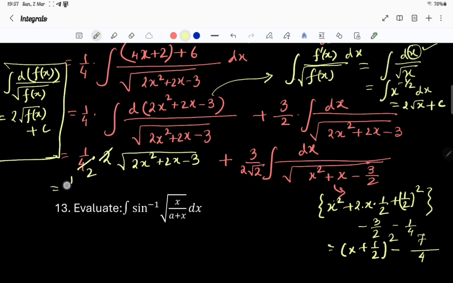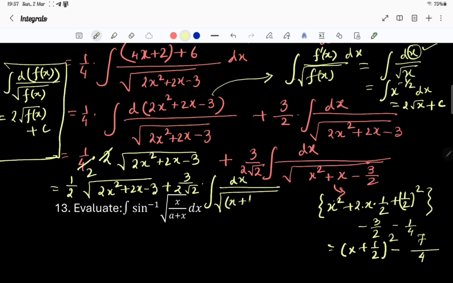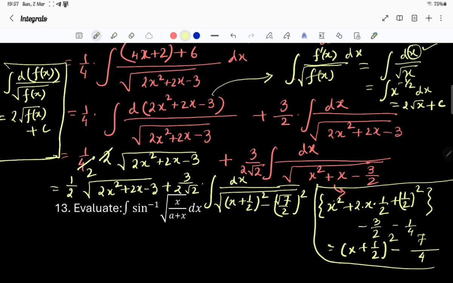Now the ultimate answer will come: half into root over 2x square plus 2x minus 3 plus 3 by 2 root 2 integration of dx by root over x plus half whole square minus root over 7 by 2 whole square. Understood? 7 by 2 whole square.